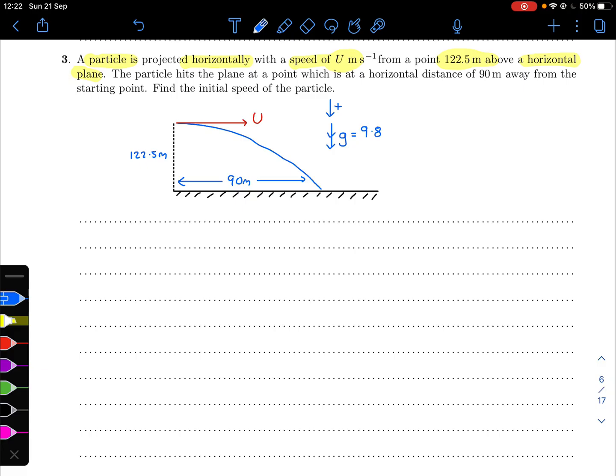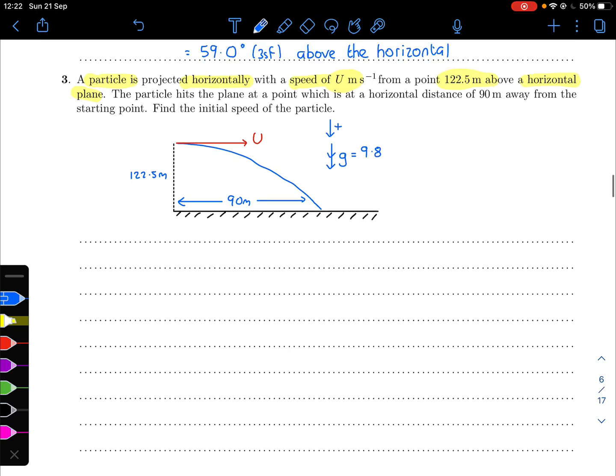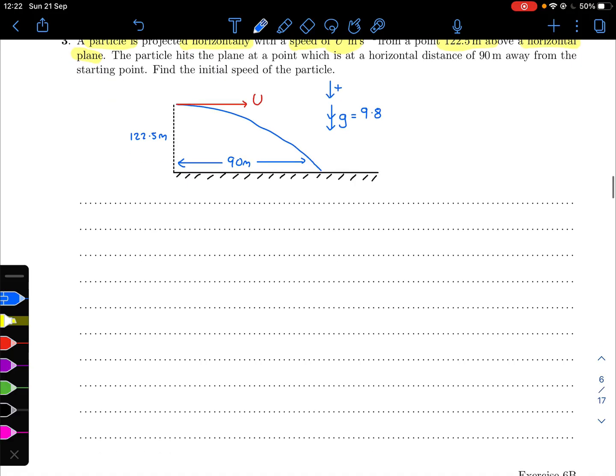Okay, so in order to find this speed, we are going to have to find out the time taken for it to travel that distance. Because for the horizontal motion, which we have information about, the 90 meters, we have s equals ut.